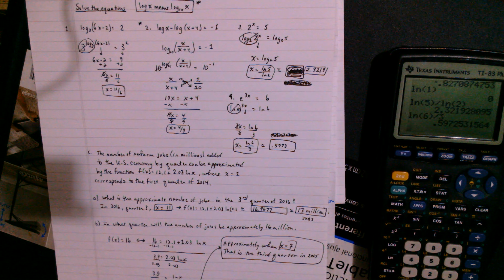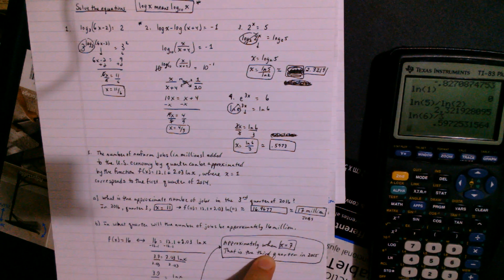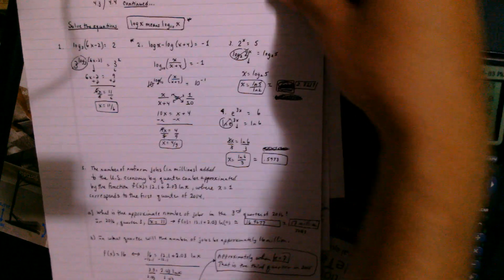It's debatable here. It could be the 2nd quarter or the 3rd quarter in 2015, because it's 6 and change, but it's not really into the 7th quarter yet. So this is debatable, but I just put 3rd quarter to approximate up. But I believe probably the 2nd quarter, because you're still in the 2nd quarter.